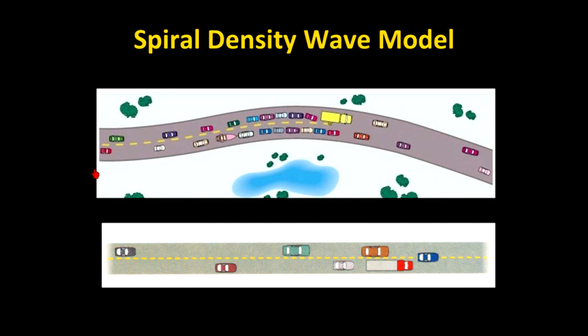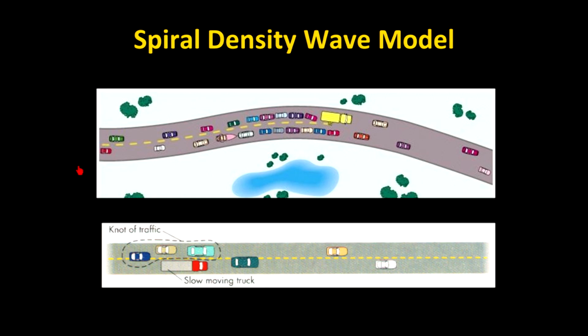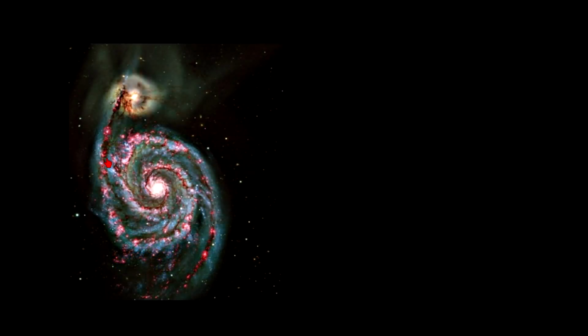So the idea is, let me switch to a picture here. The idea is that in a galaxy, what we have is a very slow moving density wave. And that density wave is essentially created due to gravity. And this very slow moving density wave working its way around the galaxy, of course, is going to ultimately lead to the spiral shape. And I'll tell you more about that in just a minute.